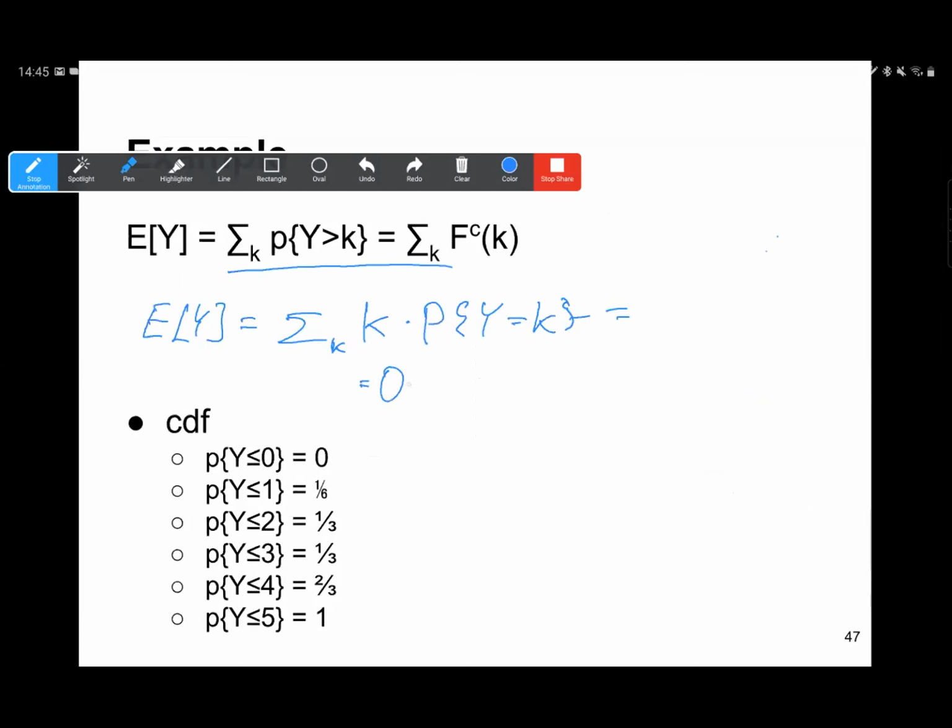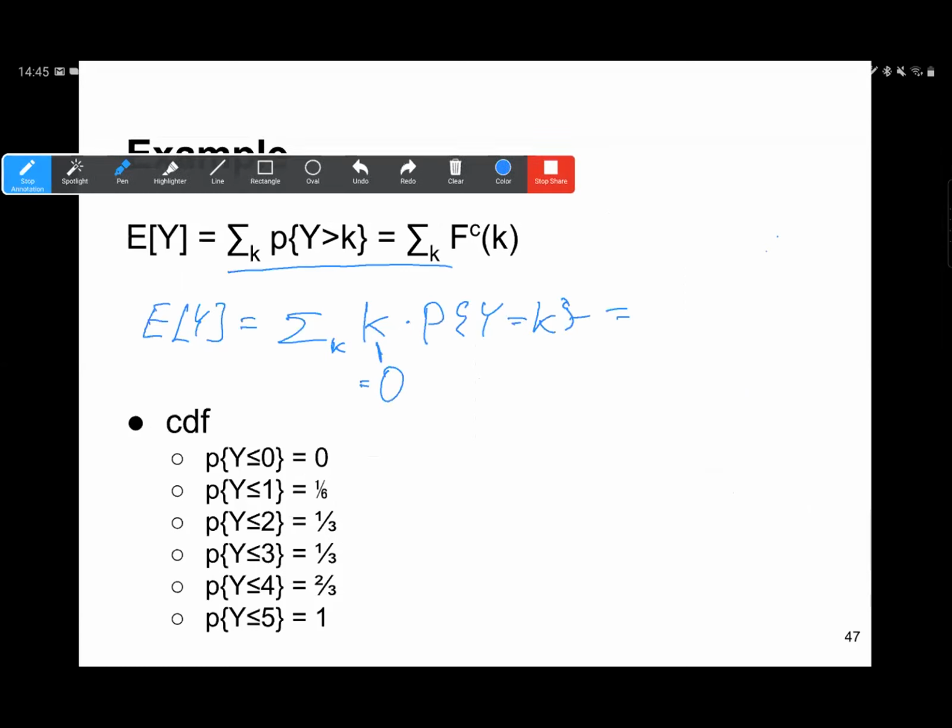So for k equals 0, we have 0 times the probability that it is equal to 0. We shouldn't care too much about that, whatever this probability is, plus 1 times the probability that Y is equal to 1. And as we saw, this probability is equal to 1/6, plus 2 times the probability that Y is equal to 2.